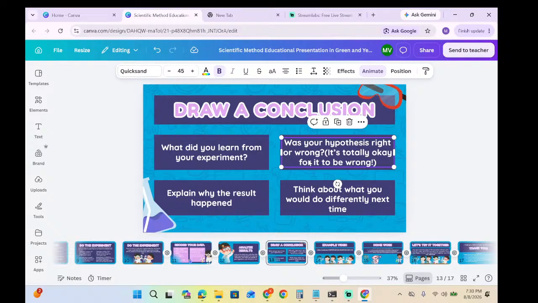And then you have to think about what you would do differently next time. Maybe there were sources of error. When I'm talking about error, obviously you have to factor in that there's always going to be some amount of error, but you want to minimize human error. So maybe you do more trials. Doing more trials, like more rounds of the same data collection, is going to minimize any outliers.